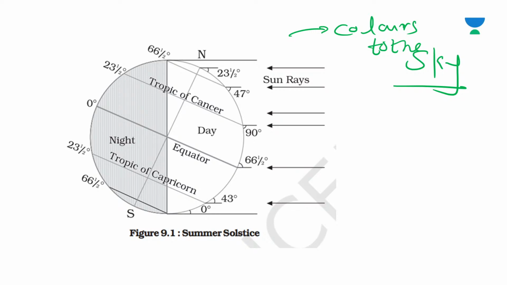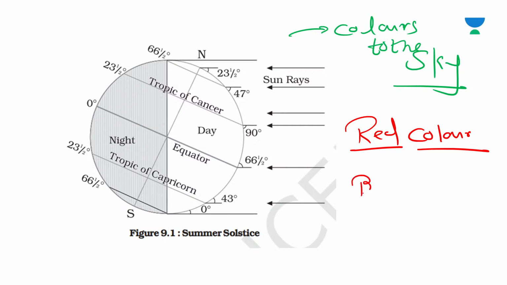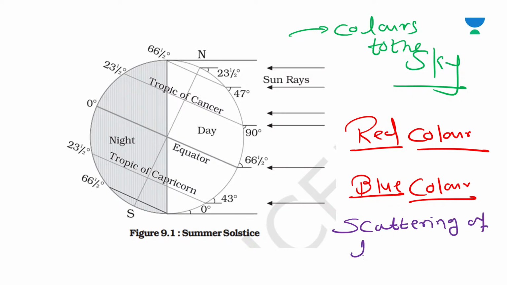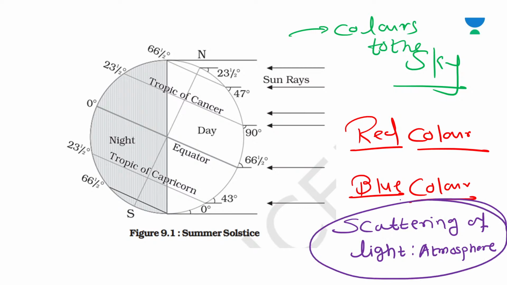Now friends, the red color of the rising and the setting sun and the blue color of the sky are the result of scattering of light within the atmosphere.